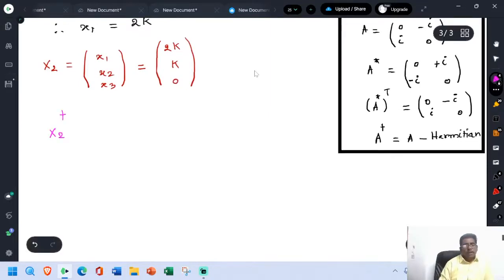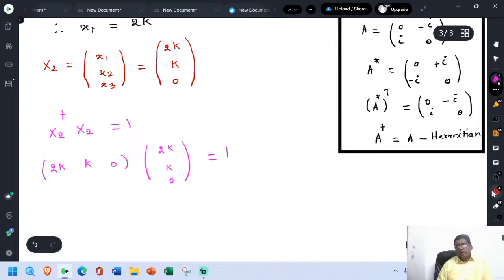x2 dagger x2 equal to 1. This is the normalization condition. This is x2. x2 dagger is just converting this column matrix into a row matrix: 2k, k, 0. Then x2 is, write down the matrix, 2k, k, 0. This is equal to 1.